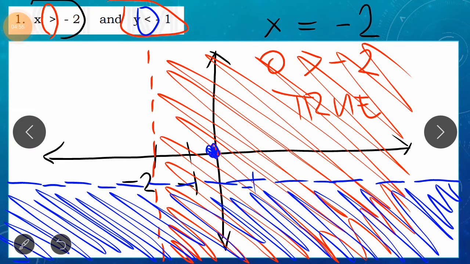So all you need to do is to just locate at least 3 points on the double shaded area. When I say double shaded, it is shaded for the first inequality, which is the red part, and also shaded on the second inequality, which is the blue part. Okay, so let's try. Since this is -1, this must be -2, right?